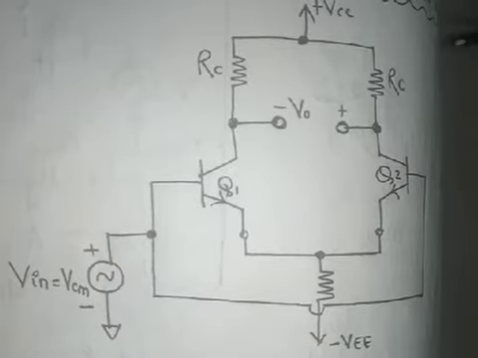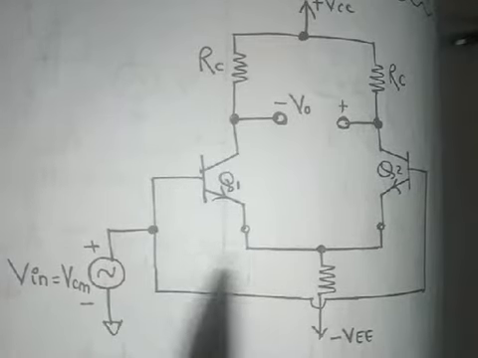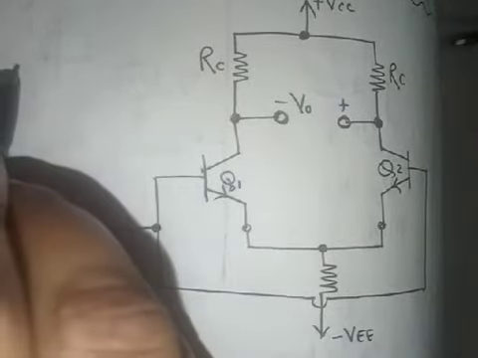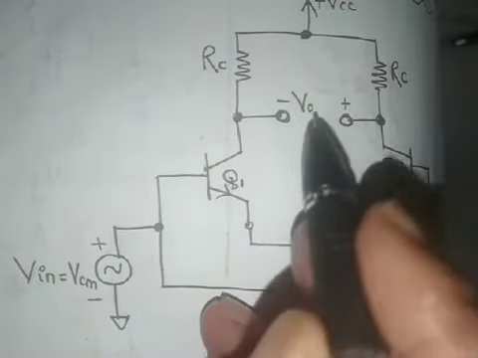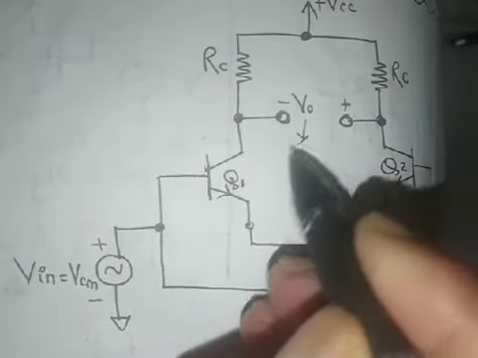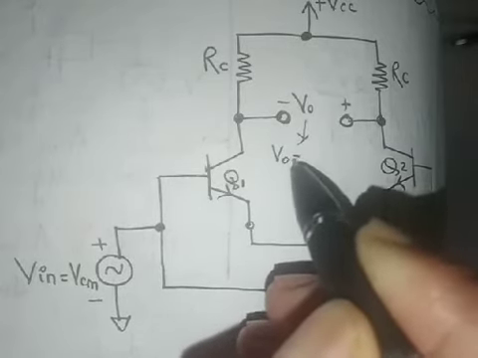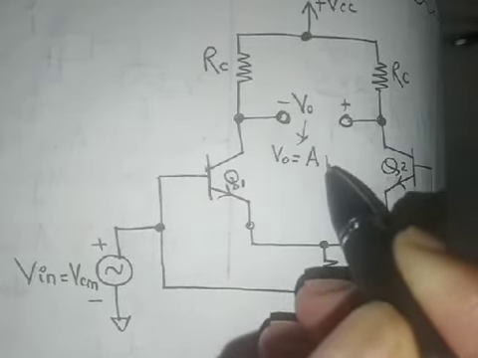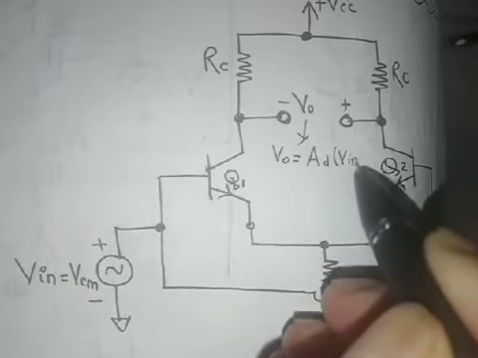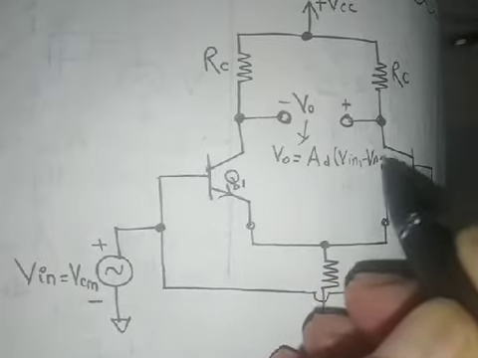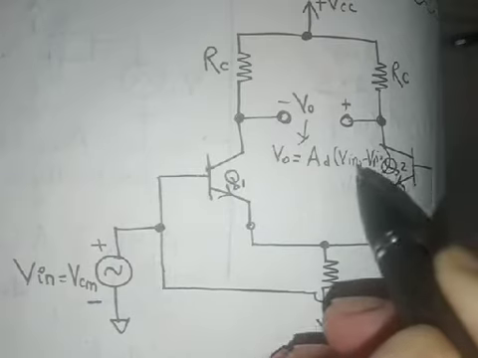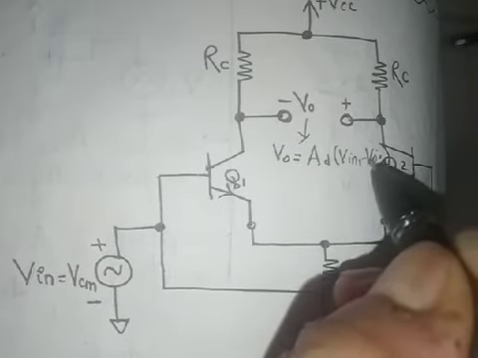Okay, as we all know, the output voltage of a differential amplifier, V out, is equal to AD times (V in 1 minus V in 2). This is V in 2.